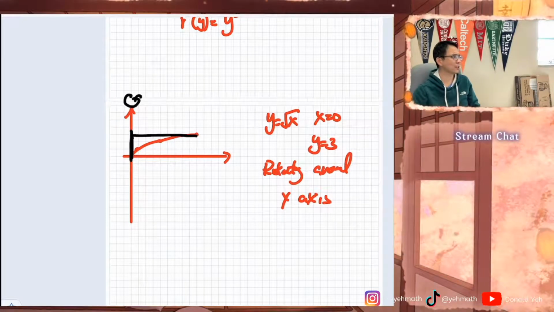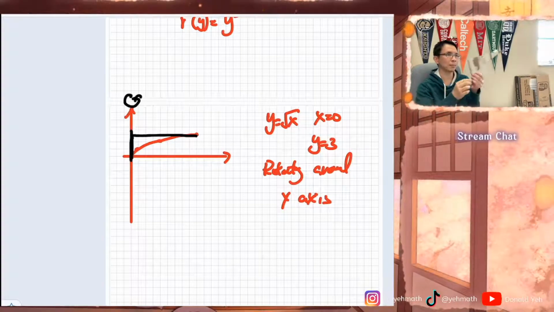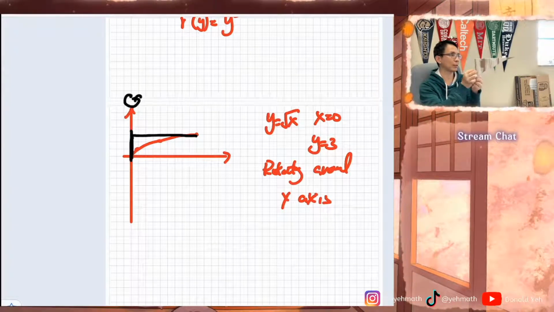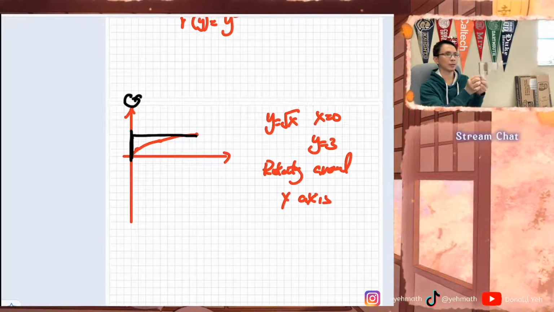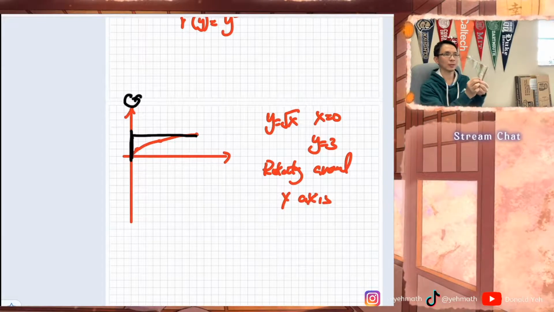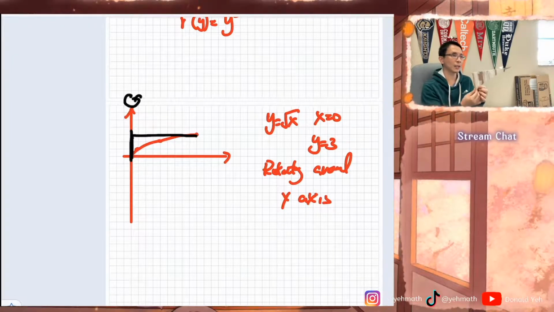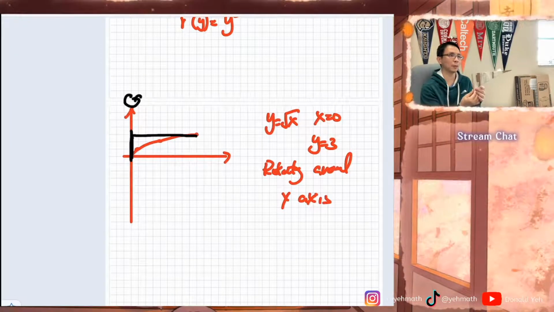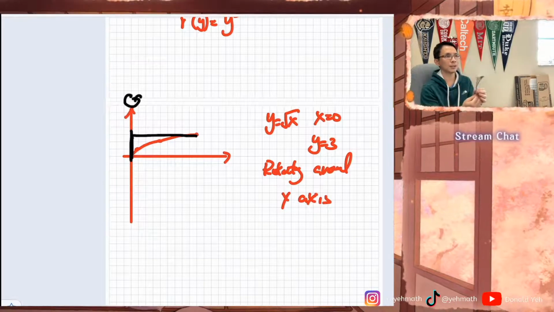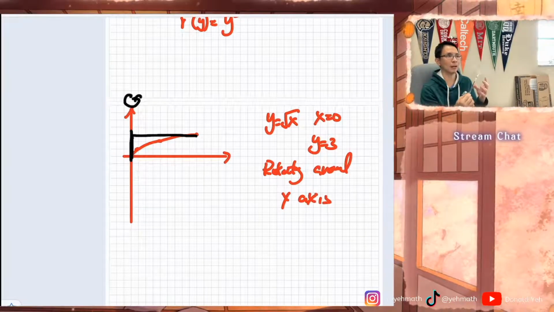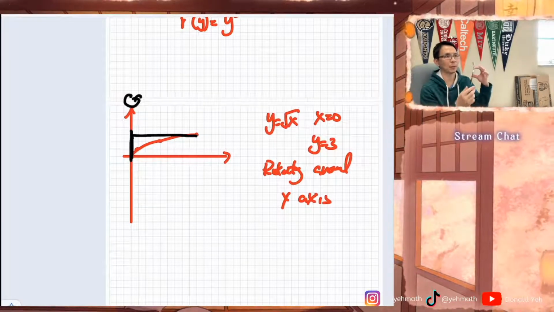Does anybody still have a problem visualizing the shape? It's okay. You did pretty good with the bun cake, right? Now the problem is probably the boundary region.